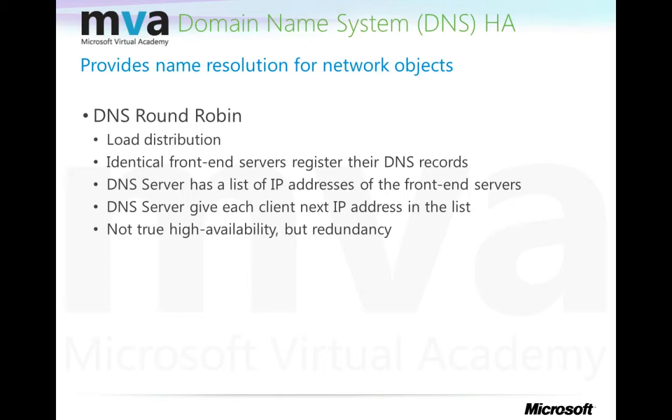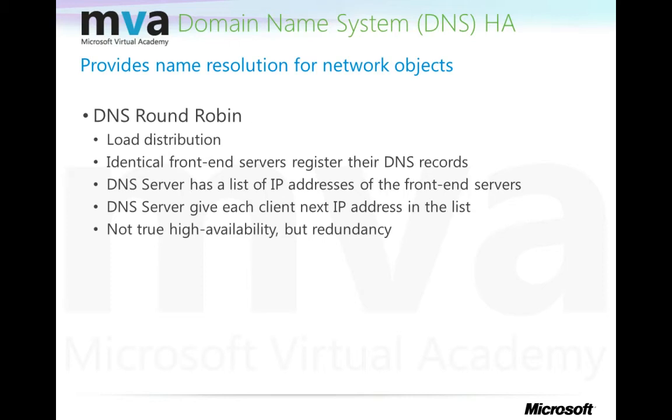Each of these servers is identical, and so they're going to register their DNS records in DNS. And this DNS server will now contain a list of the 5 IP addresses for those front-end servers. Whenever a client connects to DNS and looks for any of those servers, it's going to get the next one in the list.